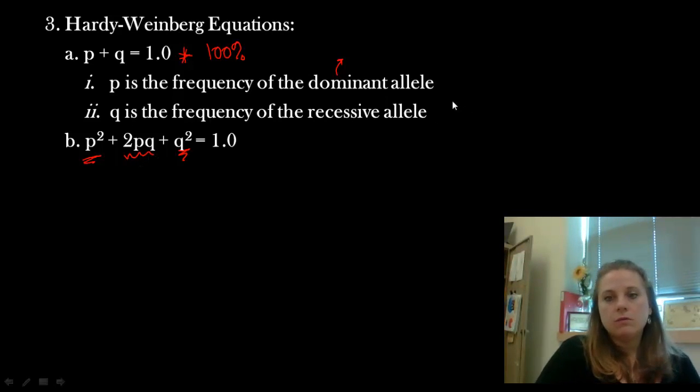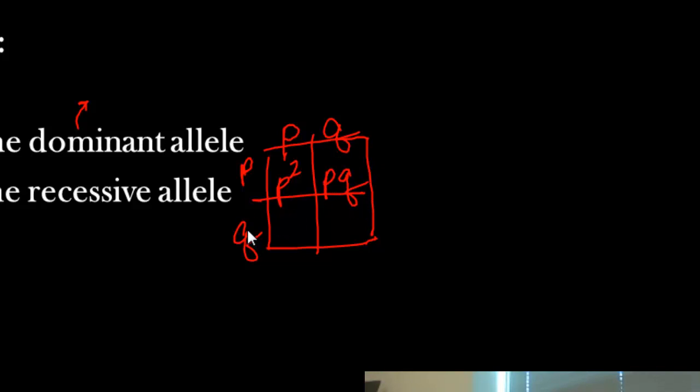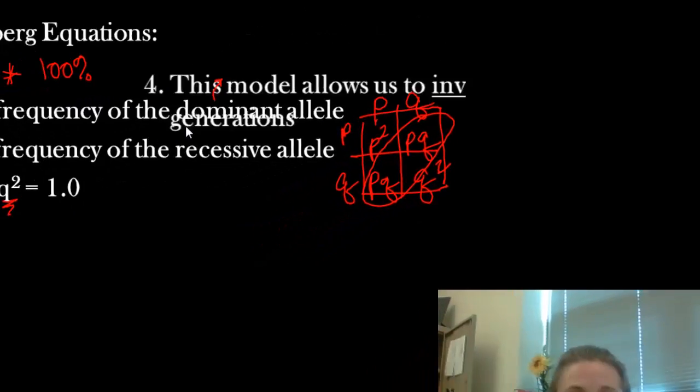Because if I look at a Punnett square and cross two heterozygote individuals, and instead of giving them letters I say they have one allele and the other, when I cross them, I get p², then pq, then another pq, and then q². So if I add up the total, I have two of the pq, so there's my 2pq, and I have a q², so that equals that.